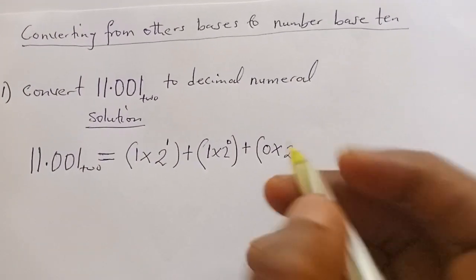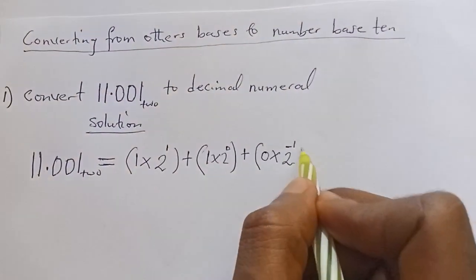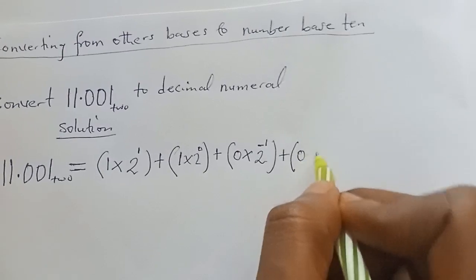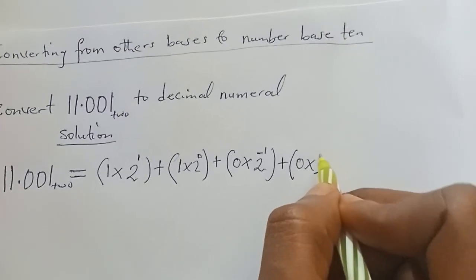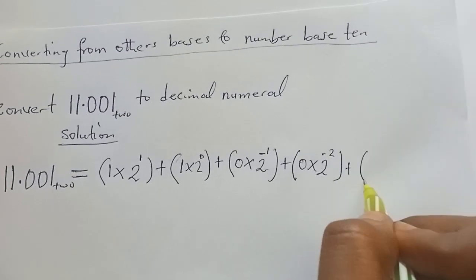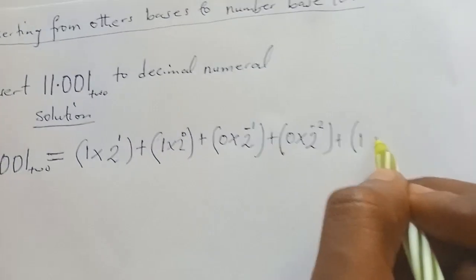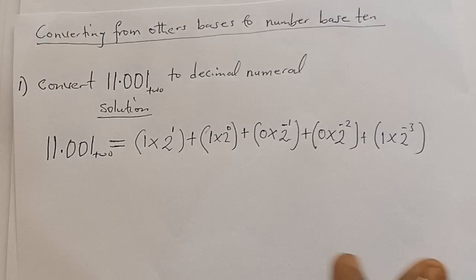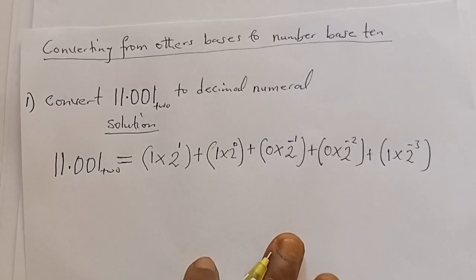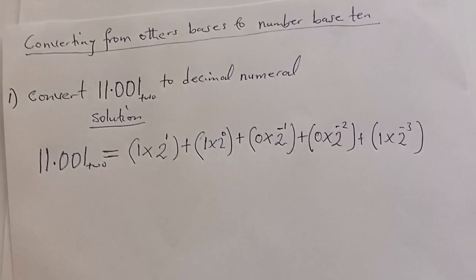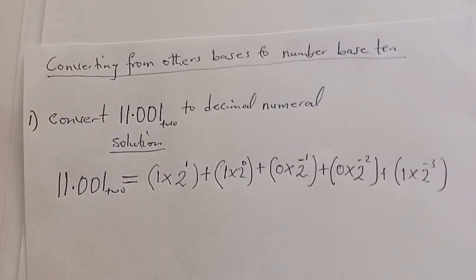So this will be 2 to the negative 1, plus another 0 times 2 to the power negative 2, plus 1 times 2 to the power negative 3. So you see, this is the trick you can use to solve a decimal when they tell you to convert from other bases to base 10. This is the technique that we use to solve it.